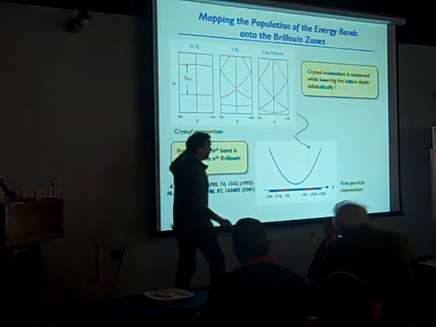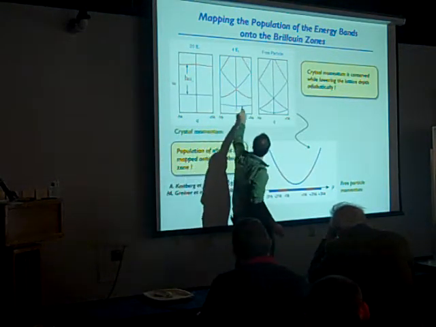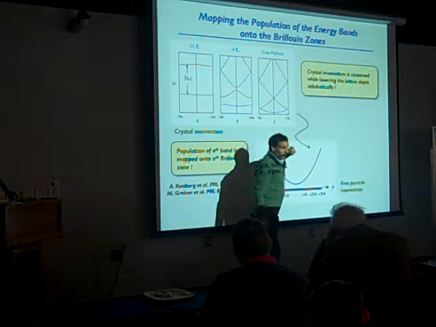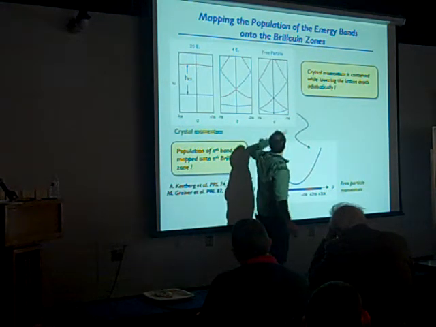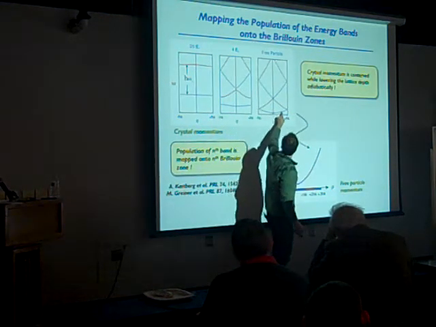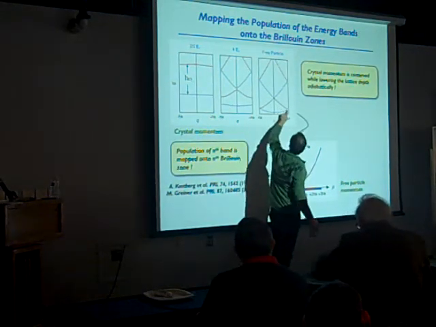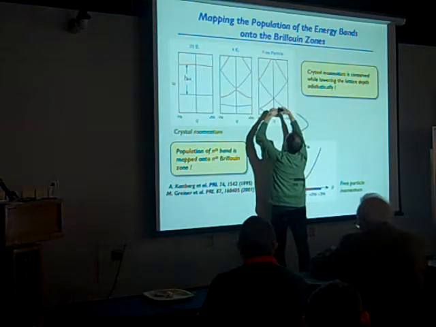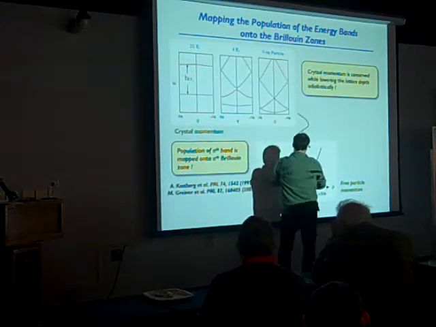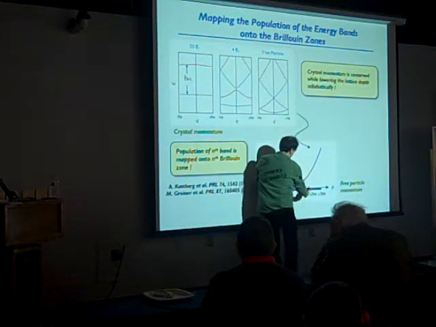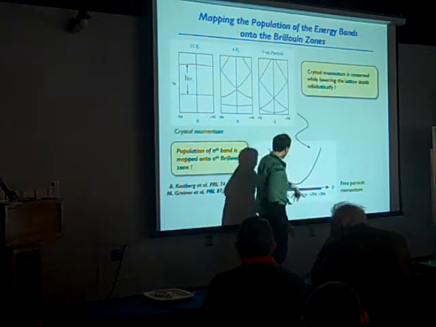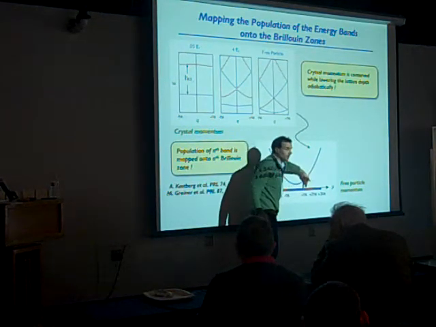If you now map it, if you switch off the lattice, each of the bands maps to a part of the free energy parabola. So this first part is this part. And the next band, you have to unfold this to get the free energy parabola here. So if you populate the lowest band only, then we will populate this part here.